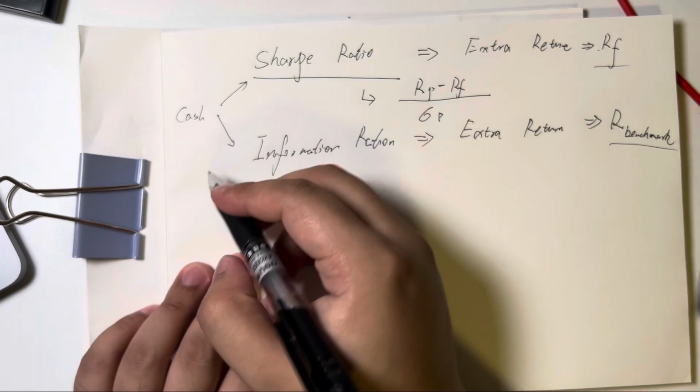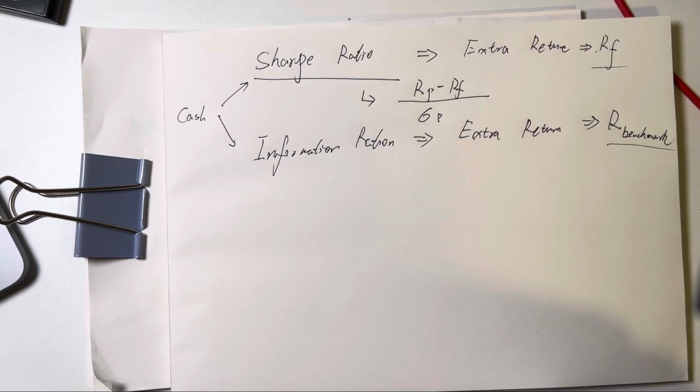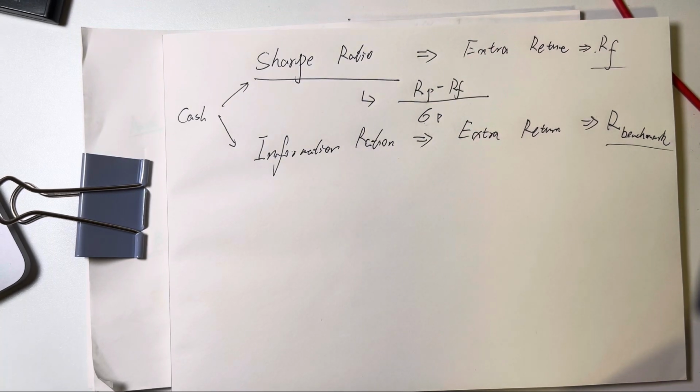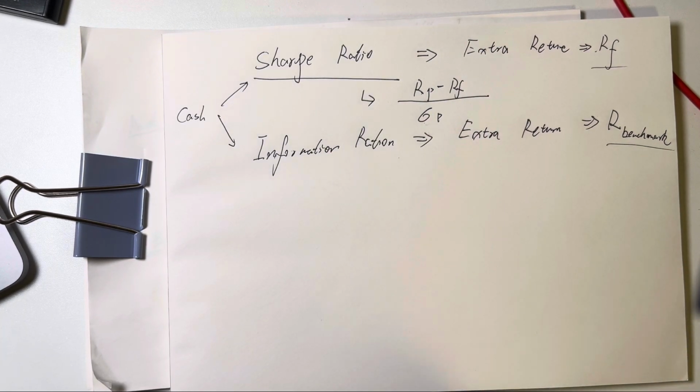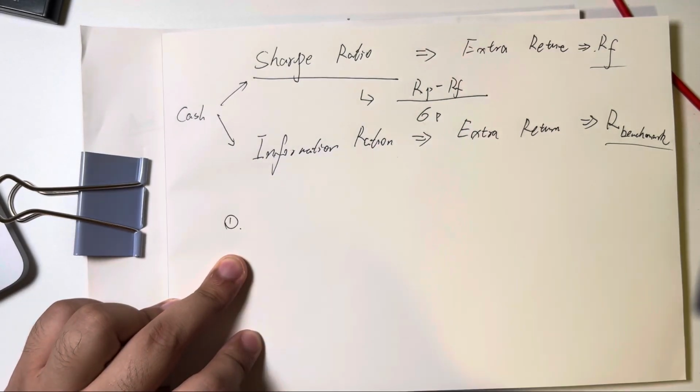So let's deal with adding cash to the Sharpe ratio, because we need this formula to solve a problem like this, and then we will talk about the information ratio. Adding cash changes the return as well as the volatility at the same time. Let's imagine a scenario.